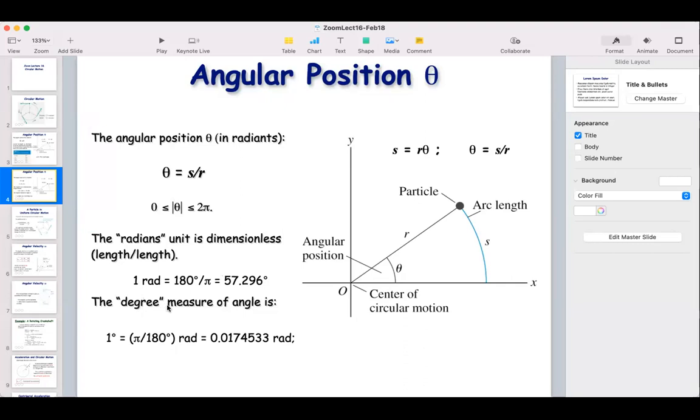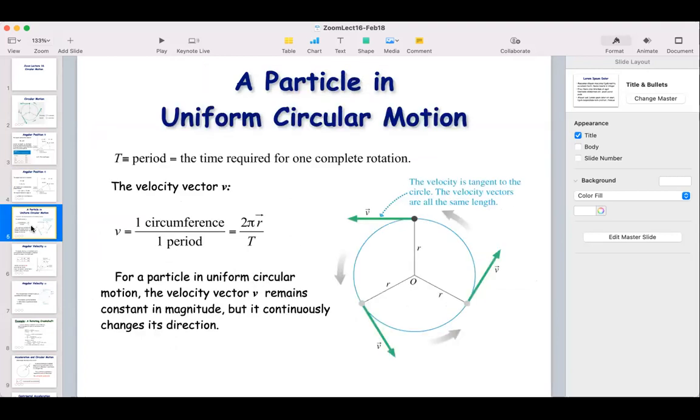And the degree measure of the angle: 1 degree is pi divided by 180 radians, which is 0.017 radians. You are going to use these values sometimes because you have radians and the problem asks for degrees, or vice versa.